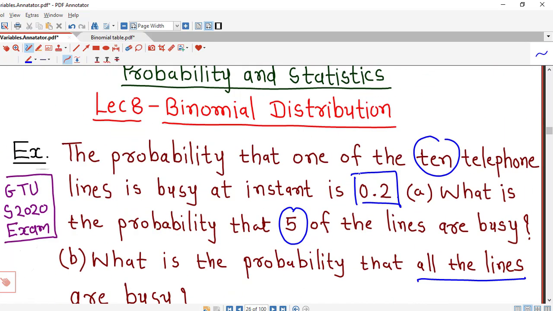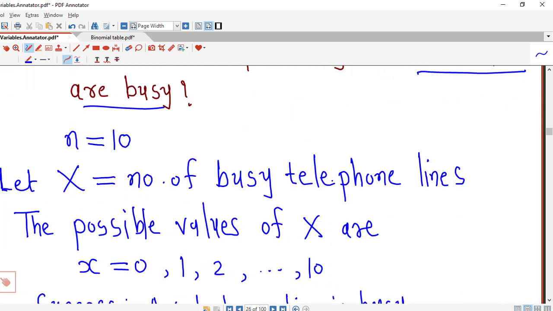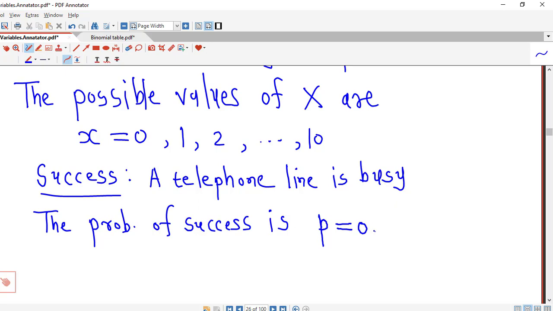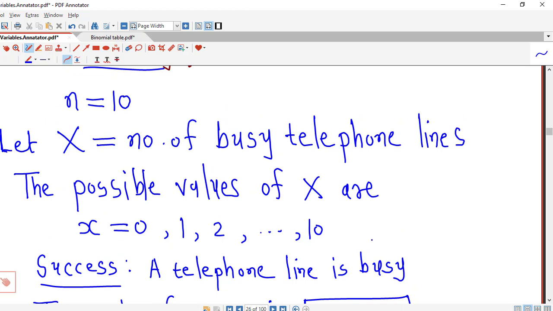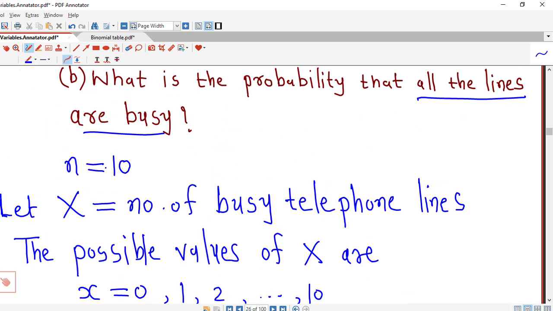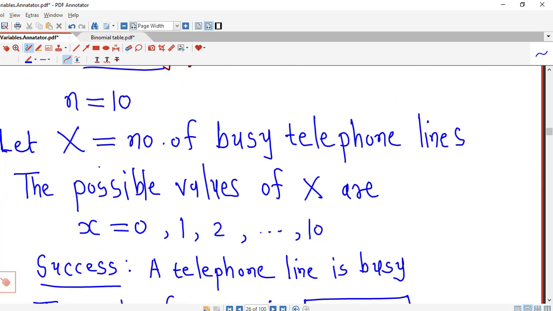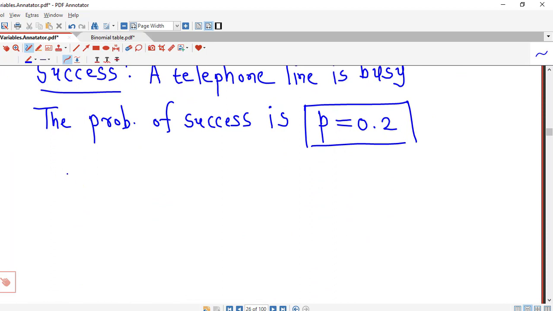It is given that the probability that a telephone line is busy, that is the probability of success, is p equal to 0.2, and this remains constant for each telephone line. So we can see all the conditions of a binomial random experiment are satisfied. Therefore this random variable x is a binomial random variable, and therefore we can write its probability mass function.